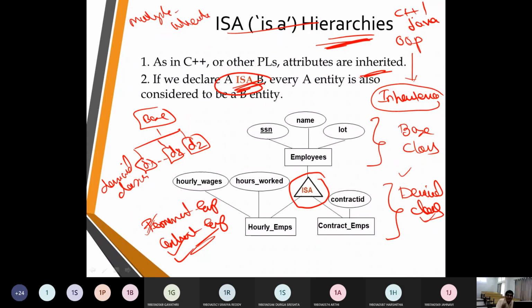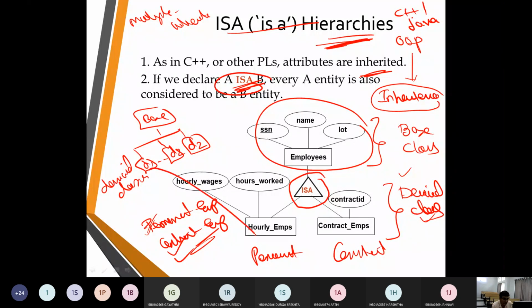So in an is-a relationship, employees are divided into two types. Derived class 1, we are going to call permanent employees. Derived class 2, 3, 4, n, they are going to be called contract employees.